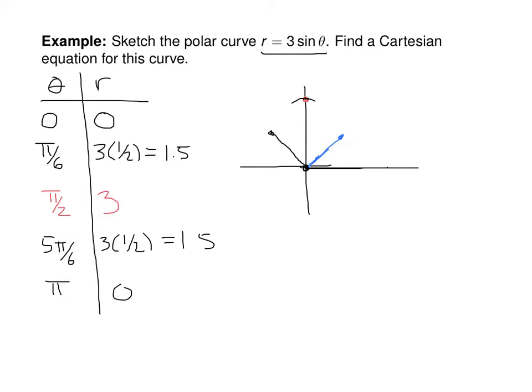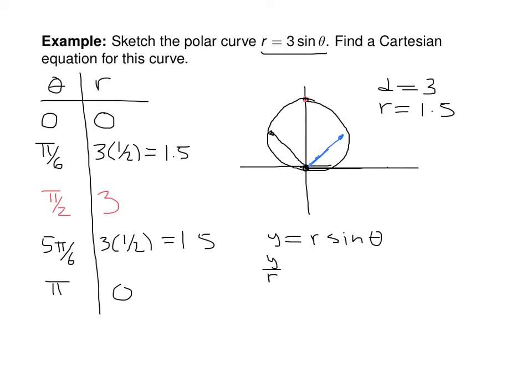So what's happening here is we're having a circle, and it looks like the diameter of this circle is 3, which means the radius must be 1.5, and we can verify that. Recall that we had y equals r sine theta. That tells us that y over r is equal to sine theta.